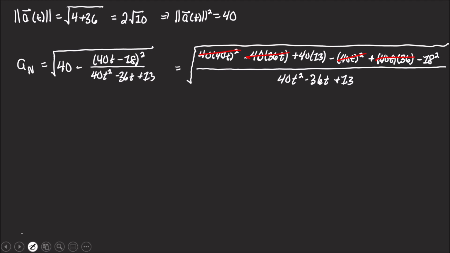and what we're left with is the square root of 40 times 13, which is 520, minus 18 squared, which is 324. That'll be over 40t squared minus 36t plus 13.